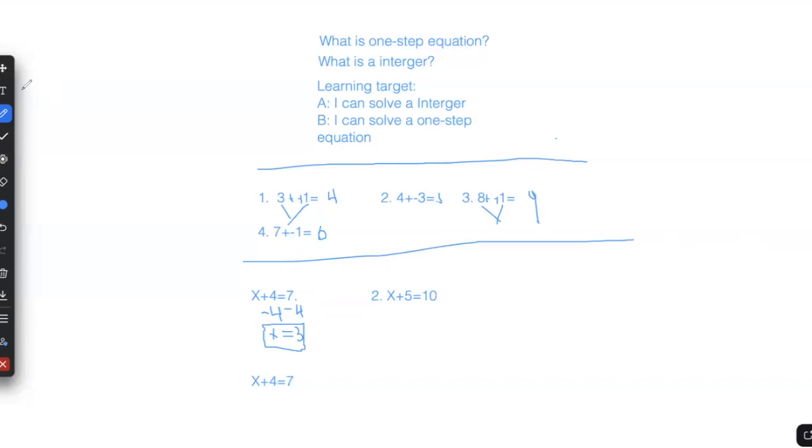And I want you to try putting your steps in. So step 1, subtract 4 on both sides.